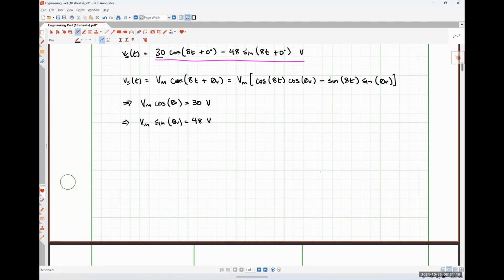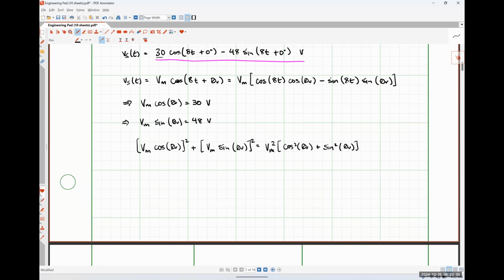And so we can use these two pieces of information to determine what Vm and theta v are, right? So for example, we know that if I did Vm times cosine of theta v quantity squared plus Vm sine theta v quantity squared, that's the same thing as Vm squared times cosine squared theta v plus sine squared theta v.